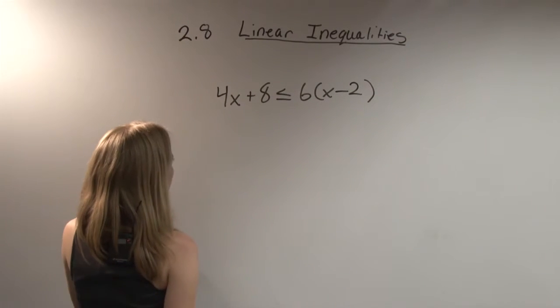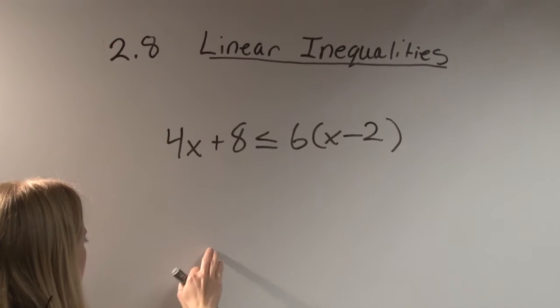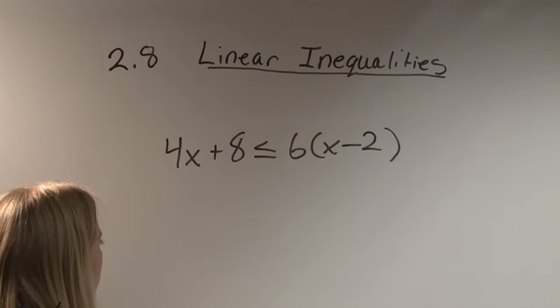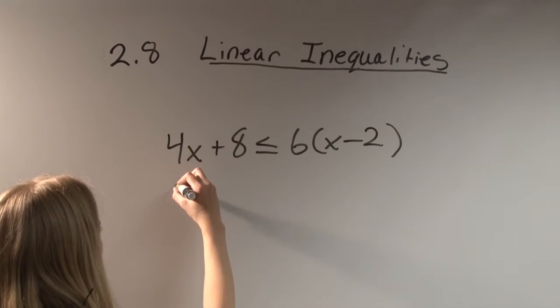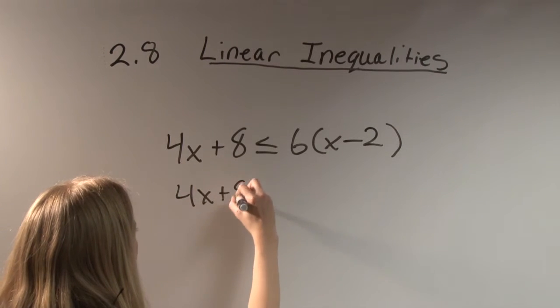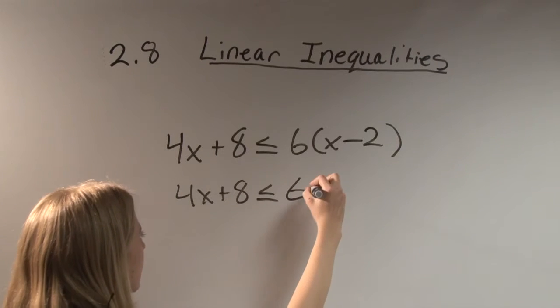Here's a slightly more complicated example, and all of the same rules apply when it comes to distribution and combining like terms. So the first thing I'm going to do is distribute the 6 on the right-hand side.